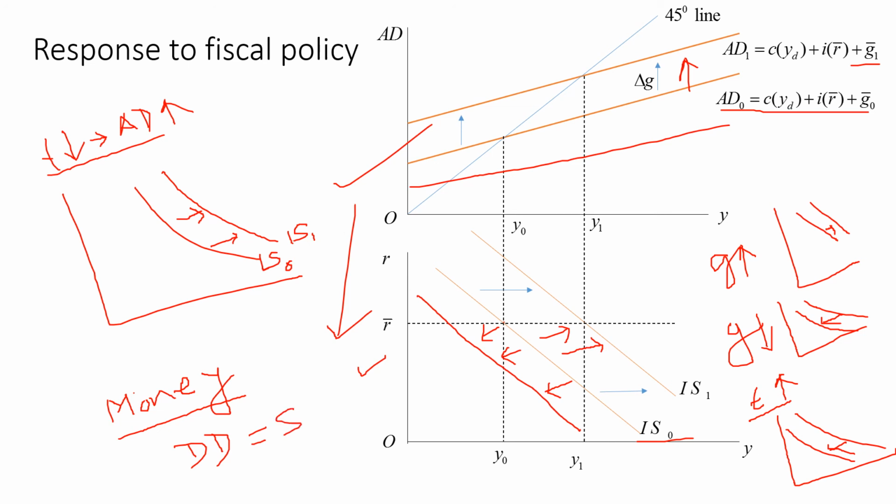So next class we are going to discuss the money market and how you derive the equilibrium condition of money demand equal to money supply, and then from there we'll derive another curve which will be termed the LM curve. So the next class is on the LM curve. Okay, we are going to discuss that in our next class.